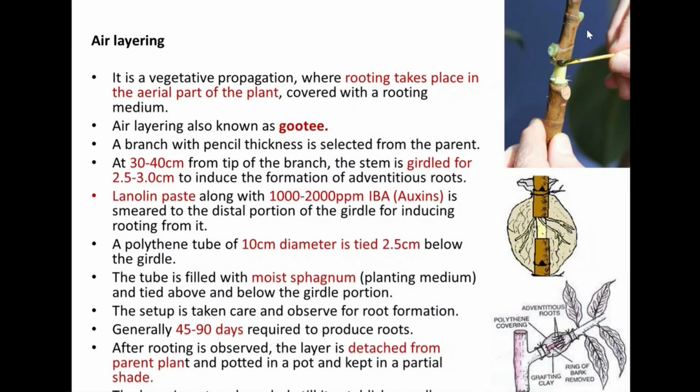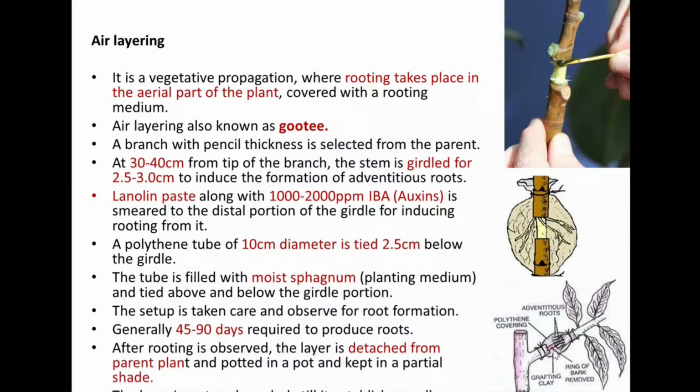Sometimes you have to add lanolin paste and rooting hormone, because from here the roots will develop. That's why I have to put a hormone. Then you have to cover with a polythene cover, and inside you have to put moist sphagnum peat.